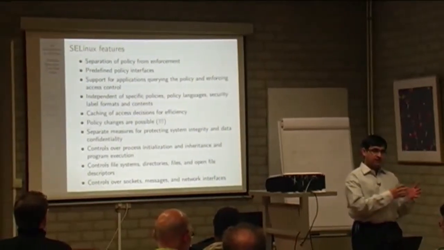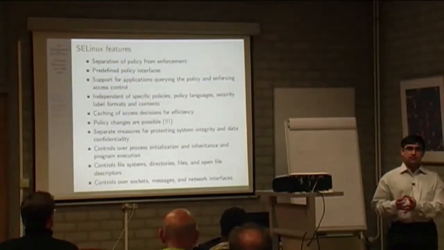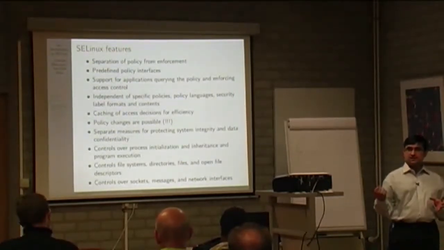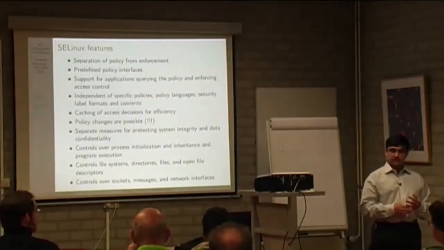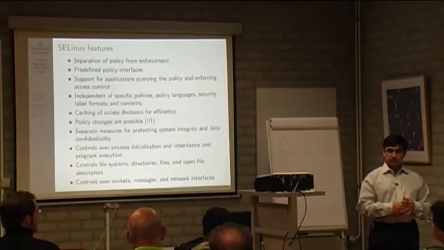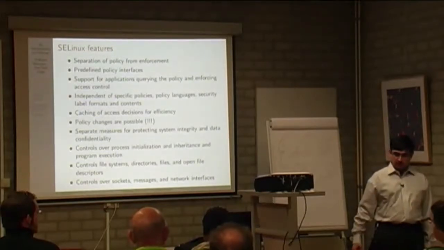There's a separation between the system itself and the data. So daemons run and can only access the data that they are allowed to access. You have better control of file systems, sockets, networking connections. So it allows you to secure everything to certain parts of the system.